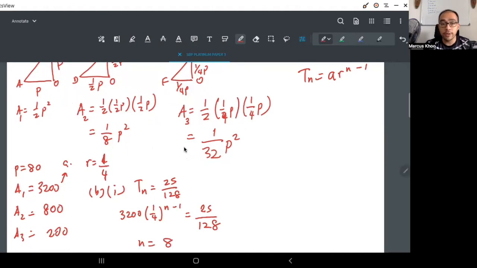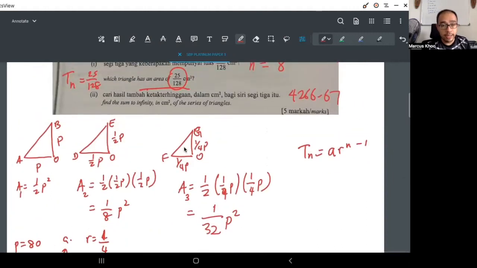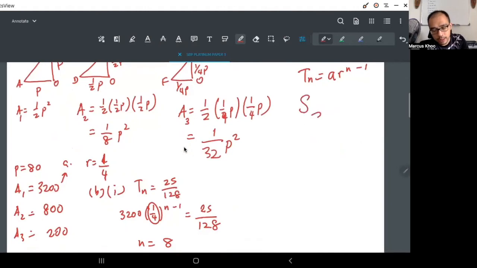There are a few ways to solve this. You can use log, you can also just shift the indices around, especially if you know the 1/4 indices. Even if you do log, you will still get the same answer, which is about 8. Then lastly, find the sum to infinity. The sum to infinity formula, don't worry, it will be given in front, is a over 1 minus r.